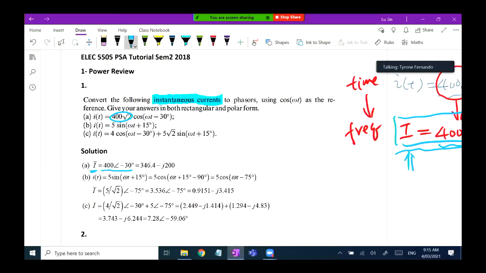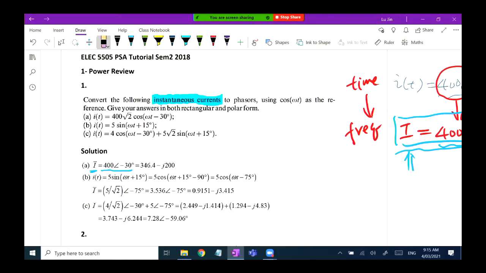This will be important. In this unit, you are going to do this process many times. So for part A, we already know the maximum amplitude is 400 times square root of 2 for this cosine function. Correspondingly, the root mean square value is, of course, 400 times square root of 2, then divided by square root of 2. The two square root 2's cancel.